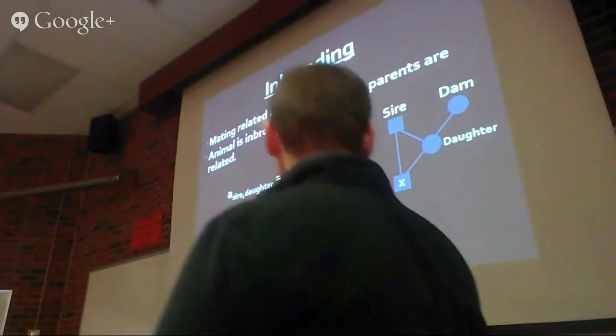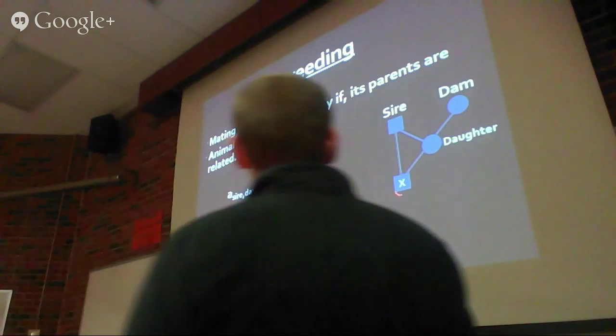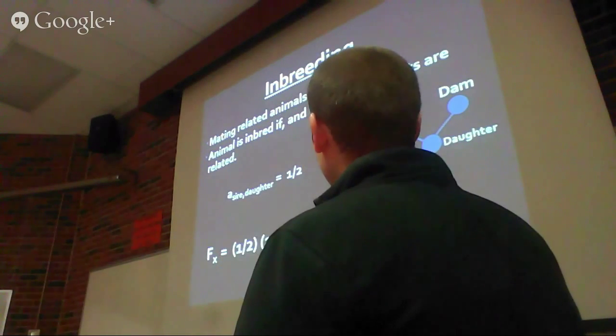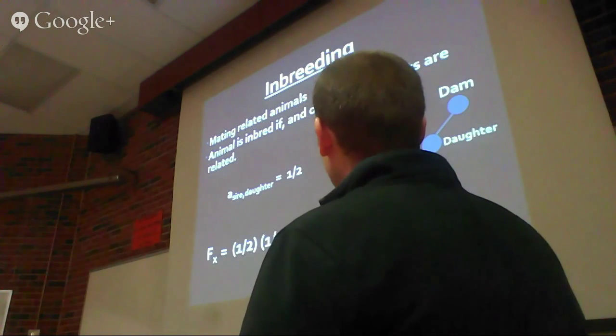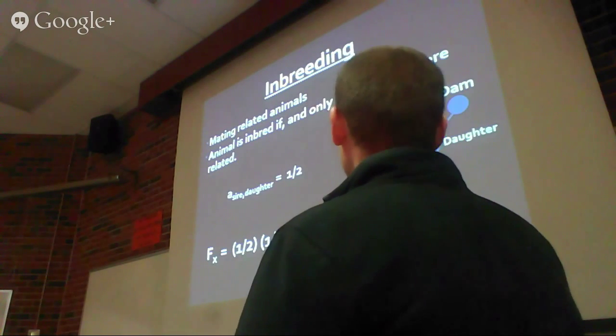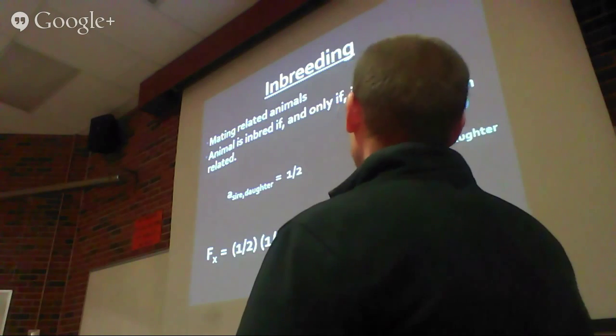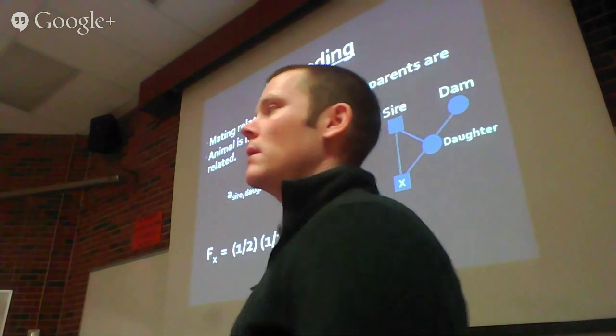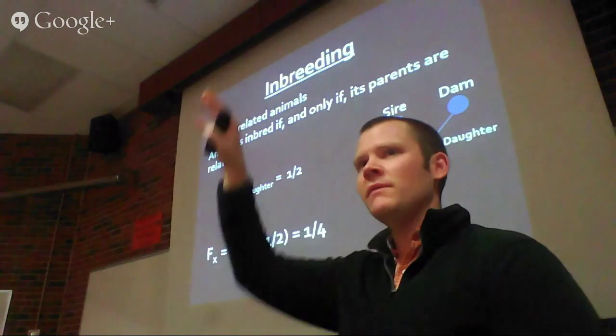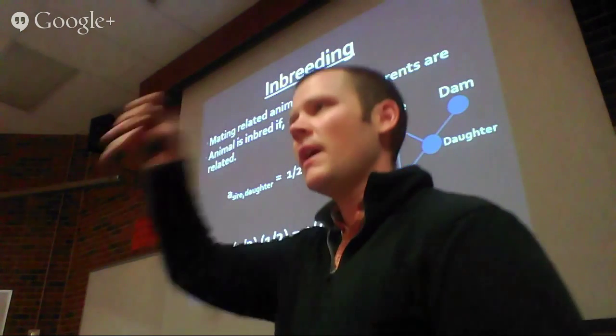And why is that? Basically, this individual contributes nothing to that relationship, right? This individual is not contributing genes to that. Genes are not flowing that way, they're flowing that way. So think of it like a gene flow. They're not flowing up, they only flow down.